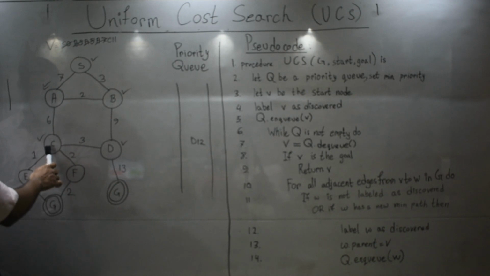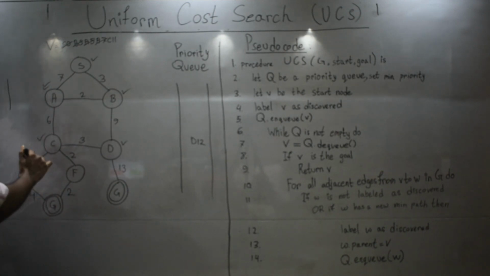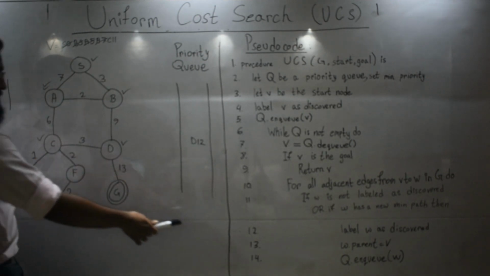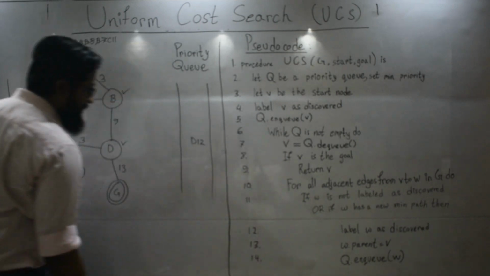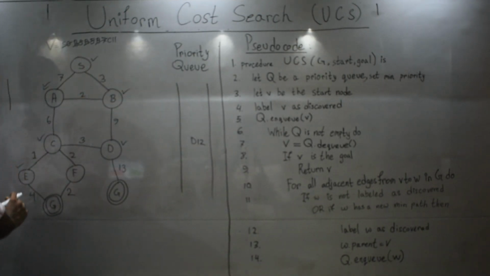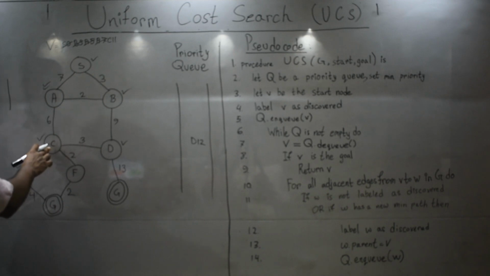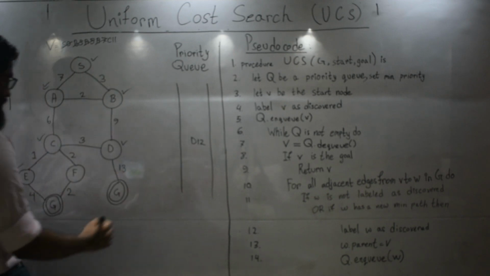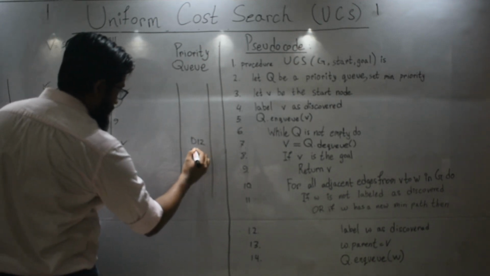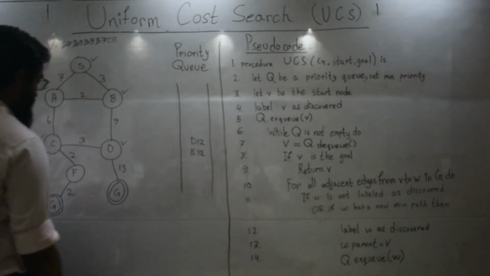So let's check the other neighbors. E is one of them, F is one of them. Both of them have not been discovered, so they will perform this action. Let's discover E, the parent of E is set to C, and let's enqueue. C is 11 plus 1, so E is 12.